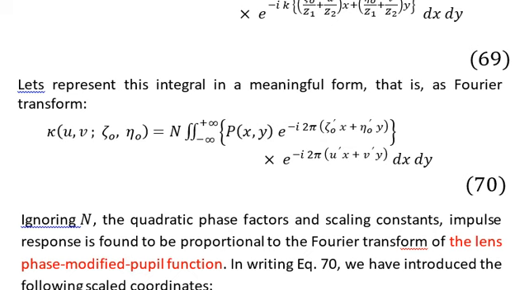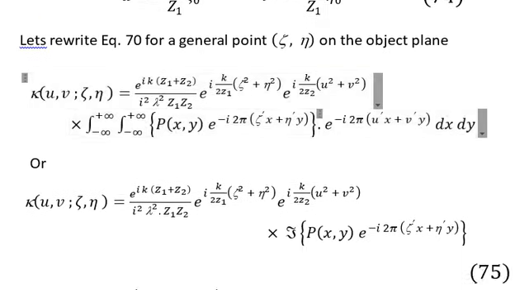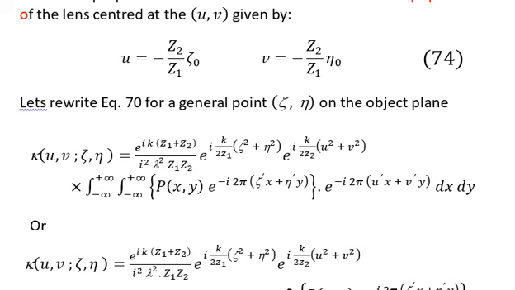Now we want to replace zeta naught and eta naught with zeta and eta only, so that we can generalize equation number 70 for any general coordinate zeta and eta, which we have shown in equation number 75. In 75 you can see that we have replaced zeta naught with only zeta prime and eta naught with only eta prime, and on the left hand side you can also see that zeta naught and eta naught have been replaced by their more general values, zeta and eta.